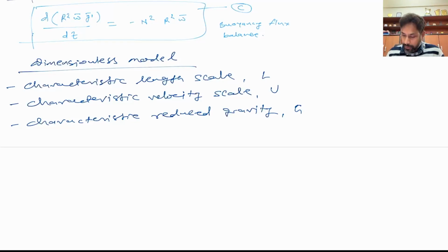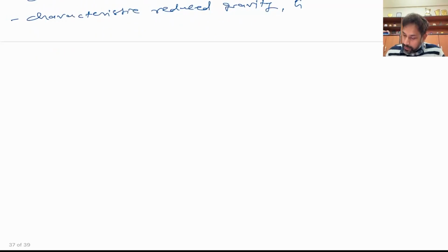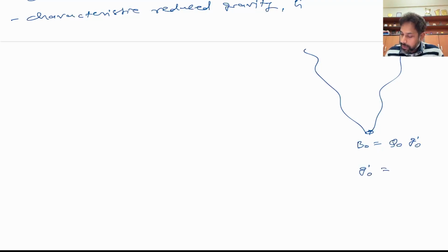We know that for the given plume, which is basically rising up, we have B naught, which is actually Q naught times G prime naught, where G prime naught is rho A minus rho naught divided by rho infinity, where rho A here is rho A at Z equal to 0.